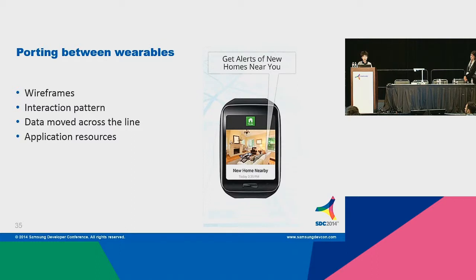And you should be able to reuse most of your application resources, like high-quality art resources, your string resources. We have been working with Trulia to adapt their Android Wear app to the new Gear S platform. All the property images can be transferred over to the Gear S set without any adaptation.